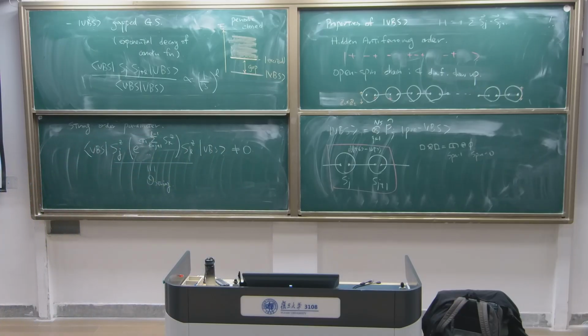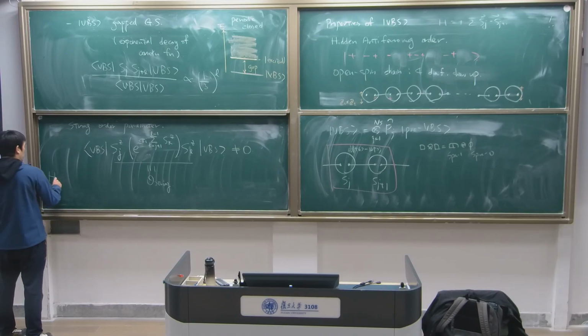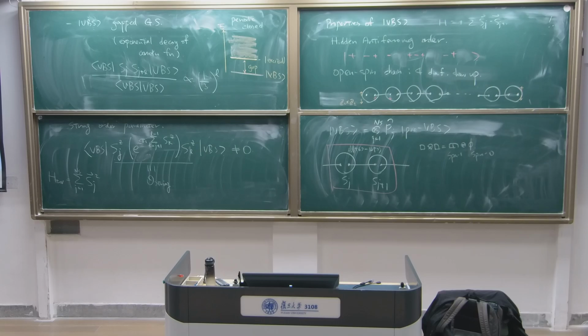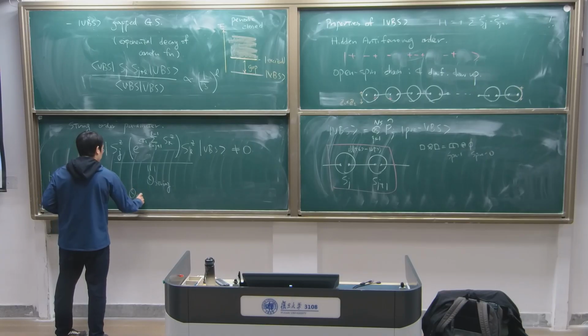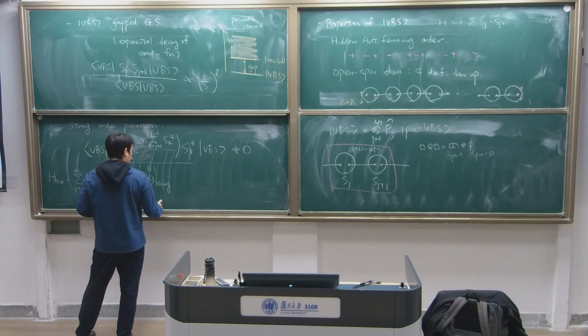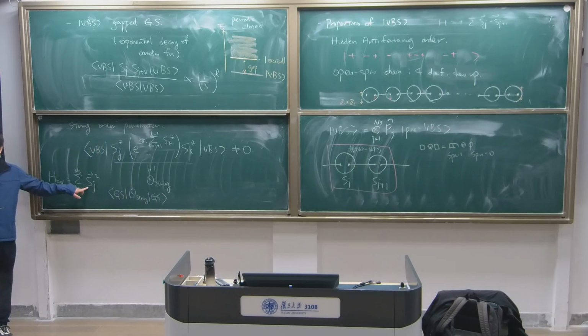But if you consider the sum of this trivial term, the sum of S_j squared, j equal to 1 to N, and if you consider the ground state of all that, you can easily see, what is the ground state of this trivial Hamiltonian?